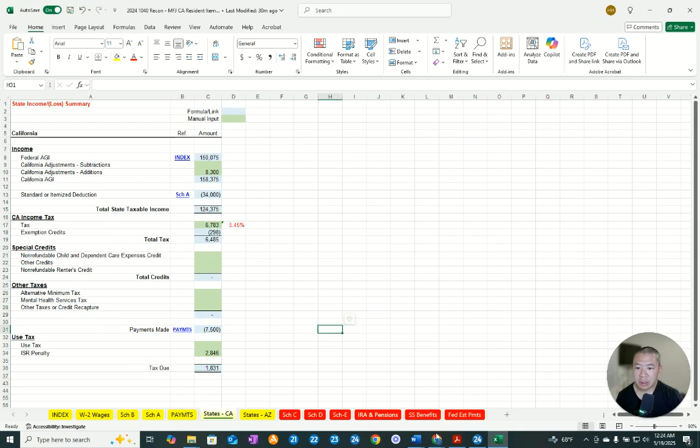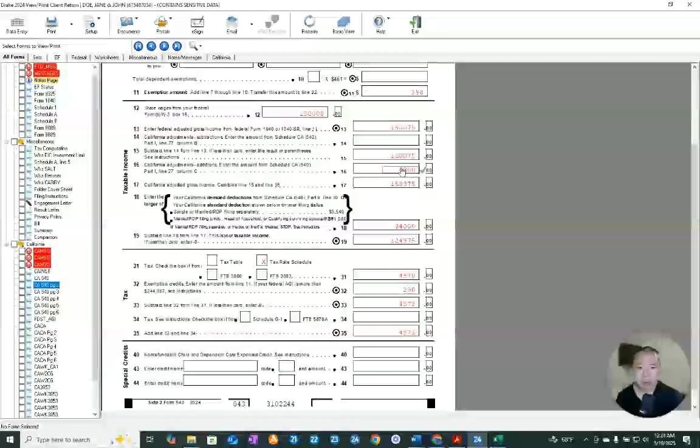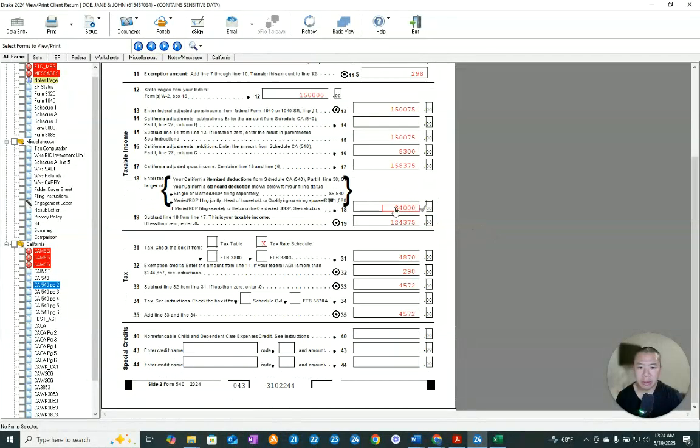And let's see what California should be. Their itemized deduction is different because they don't factor in their state income taxes paid.